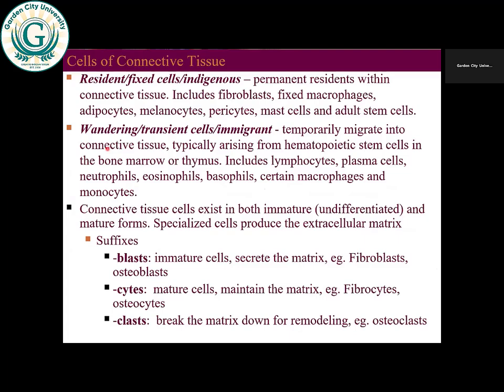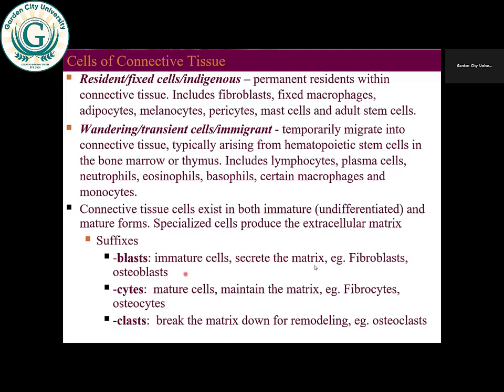Now, connective tissue cells exist in both immature and mature forms. You can use the suffixes to understand whether the cell is mature or immature. If it ends with blast, then it means that it's an immature cell. So fibroblasts, osteoblasts, chondroblasts are immature cells.